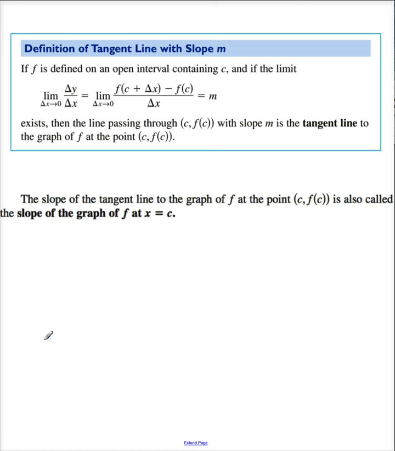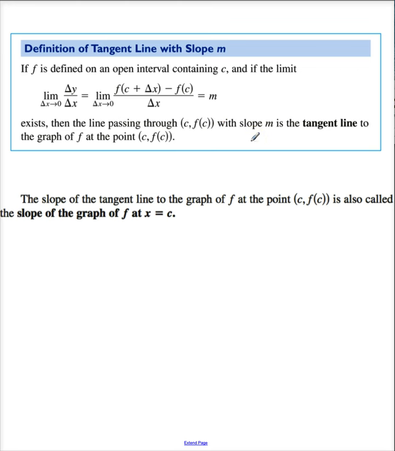Now, the definition of a tangent line with slope m is: if f is defined on an open interval containing c, and if the limit as delta x goes to 0 of delta y divided by delta x is equal to m, if that exists, then the line passing through (c, f of c) with slope m is tangent to the graph.